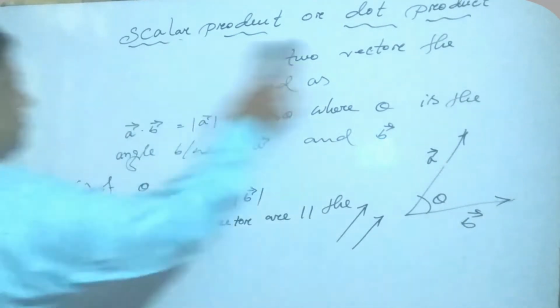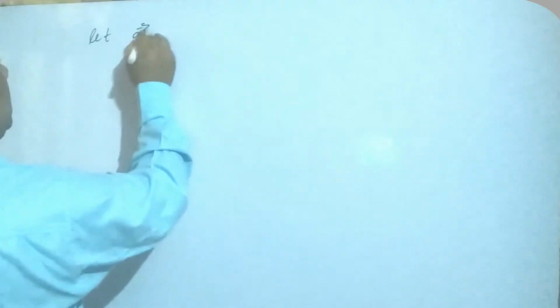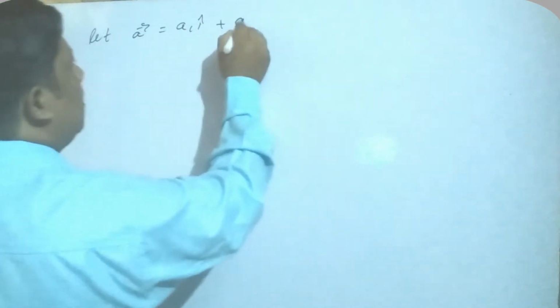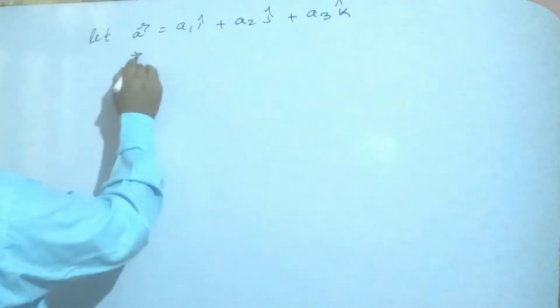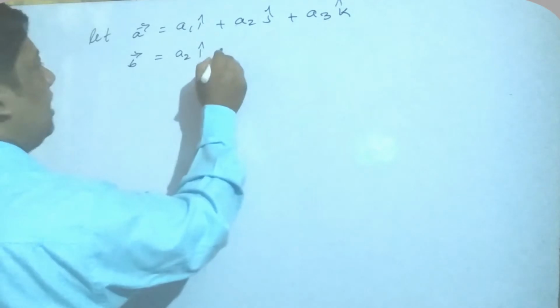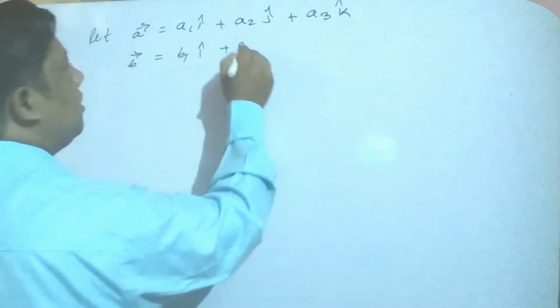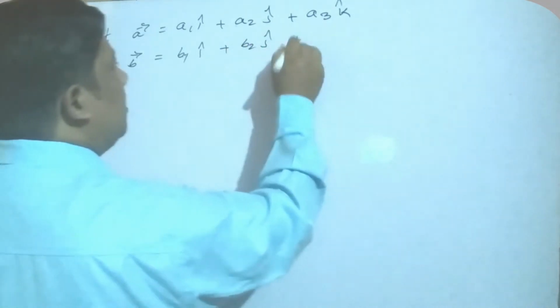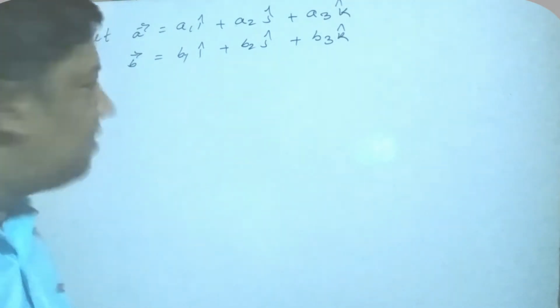Next question is, suppose let A vector equal to A1i, A2j, A3k, and B vector is defined as B1i, B2j and B3k are any two vectors.